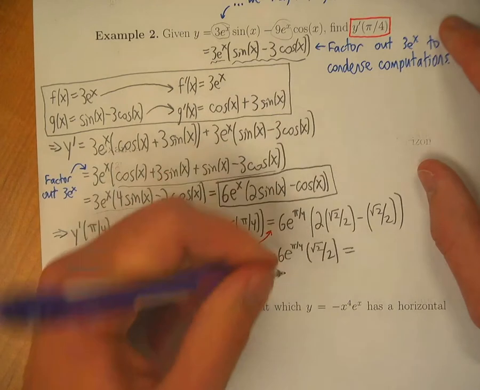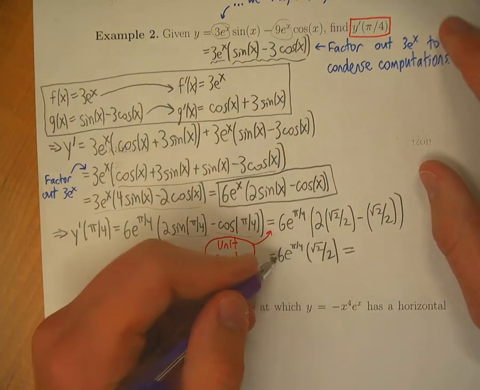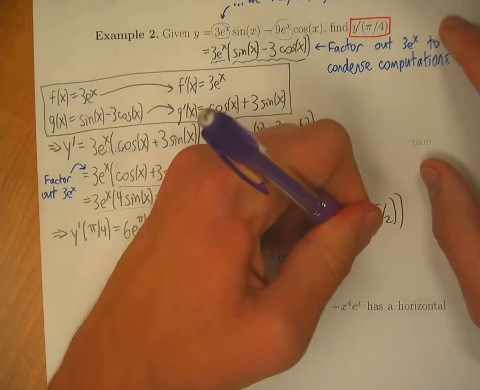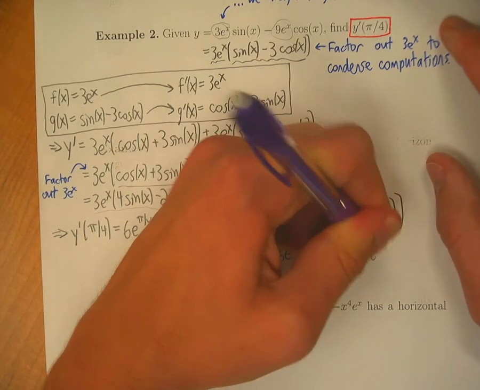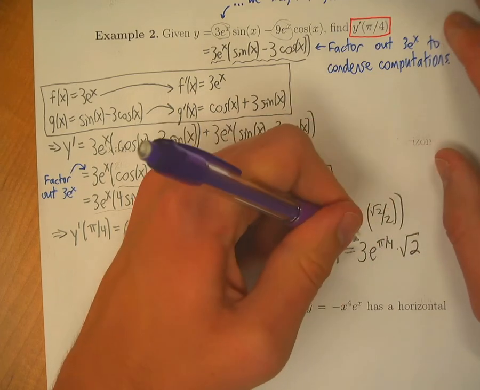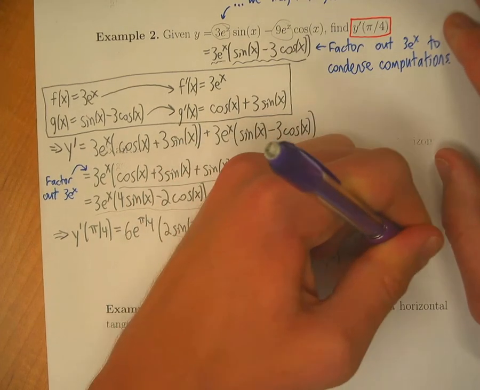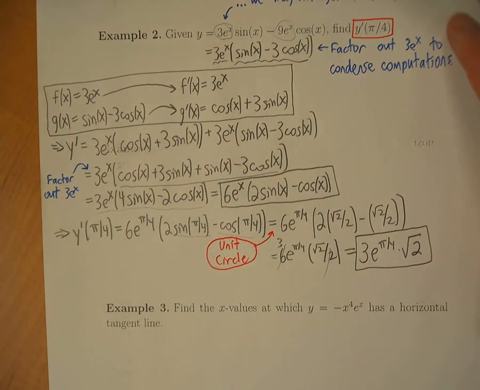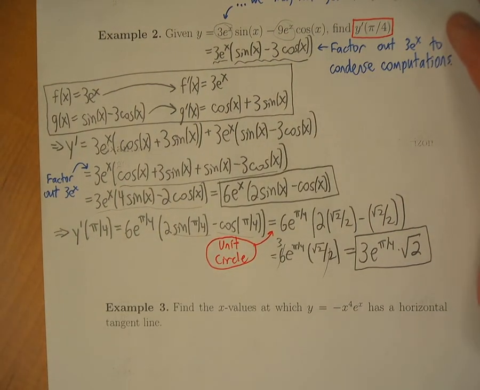And the nice thing is that we have 6 divided by 2, so we can cancel that out to just get 3 times e to the pi over 4 times the square root of 2. So this will be our final answer that we need here. Okay, so that is example 2. So any questions on that? Okay.